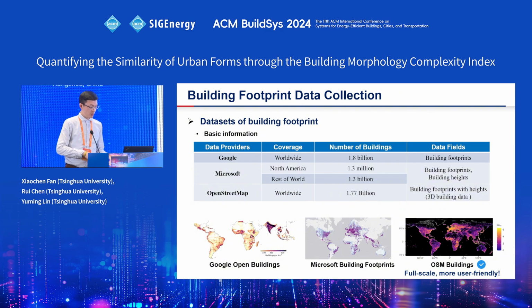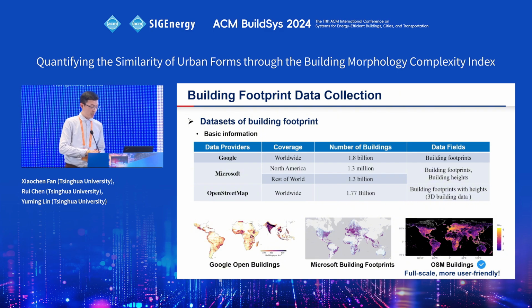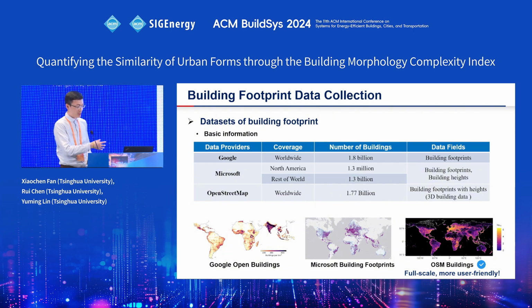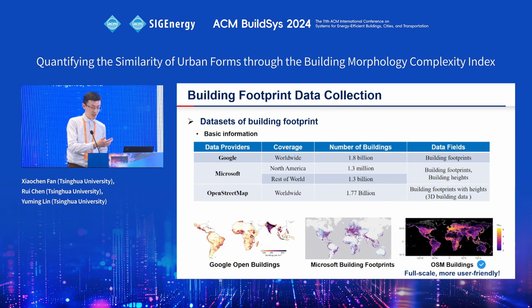So eventually we choose OpenStreetMap as the data set because they also built a Python package called OSMnx, and we can use this package to access and download this data. It is very user-friendly, but for Google or Microsoft buildings, you have to download data city by city, one by one. So it's kind of laborious.